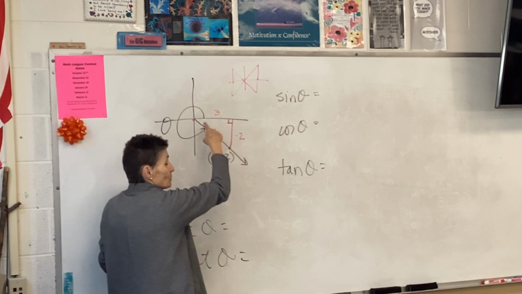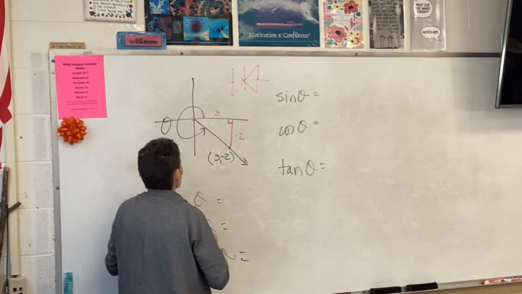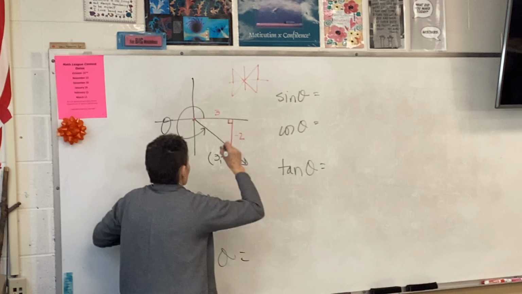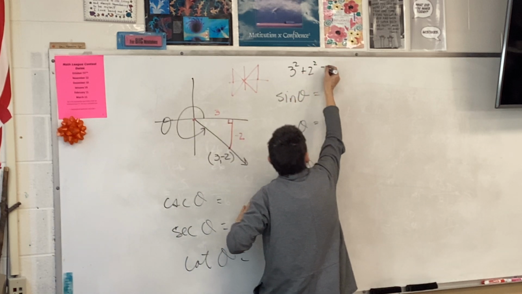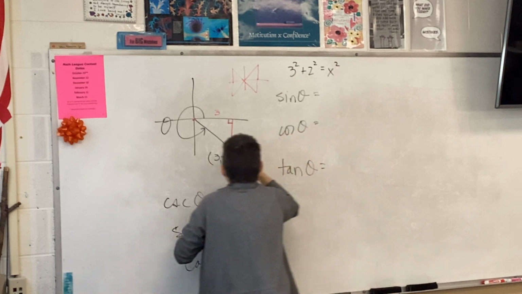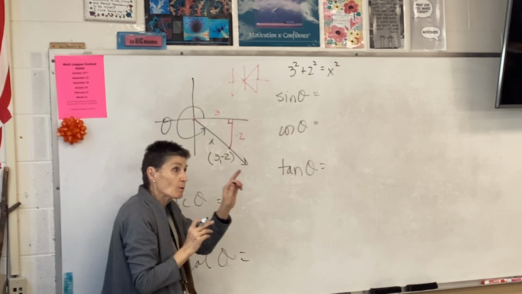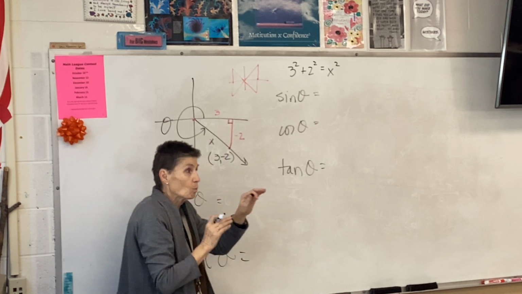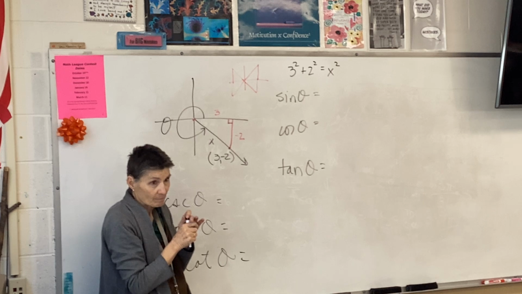So now I'm gonna do the Pythagorean theorem. So 3 squared plus 2 squared equals x squared. Now, before you freak out and say, it's -2, remember I'm squaring it. So what happens when I square a negative?